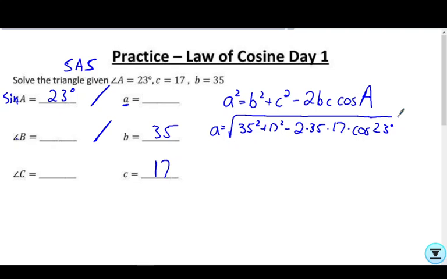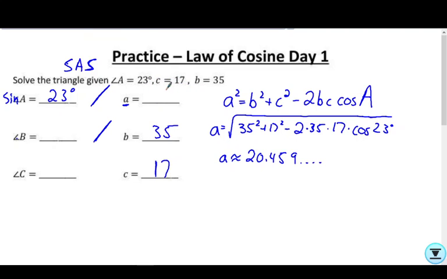So you plug that into your calculator, and A is approximately 20.459. So side A is 20.5. And I should write that in red because that's one of my solution answers.